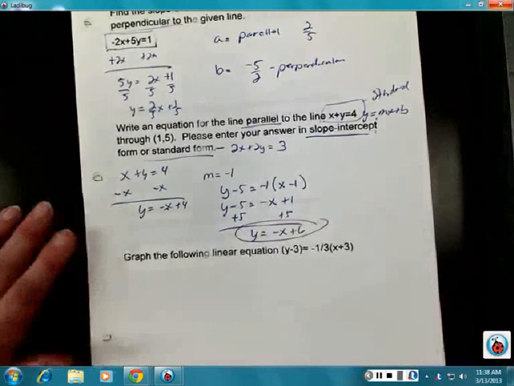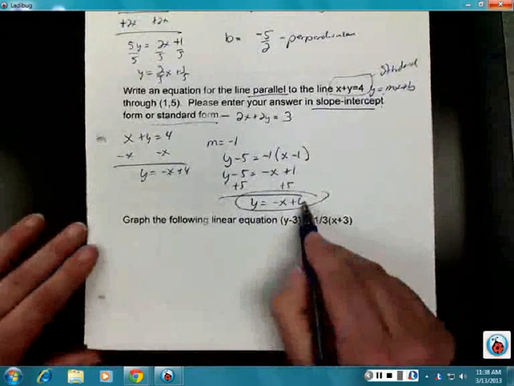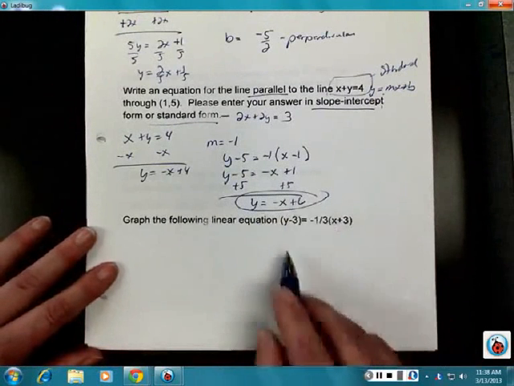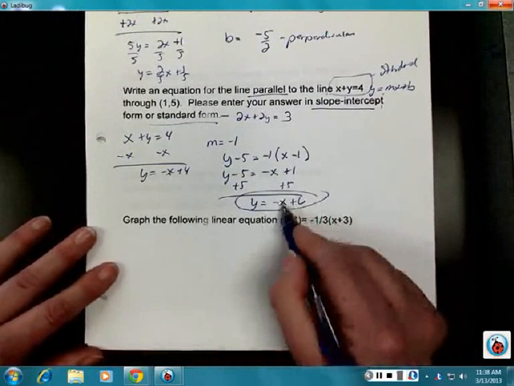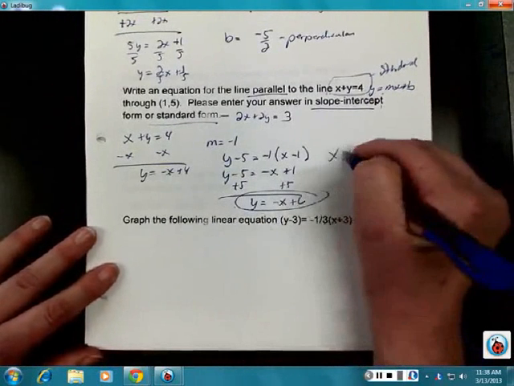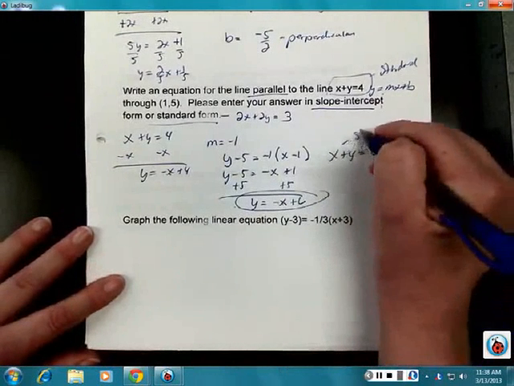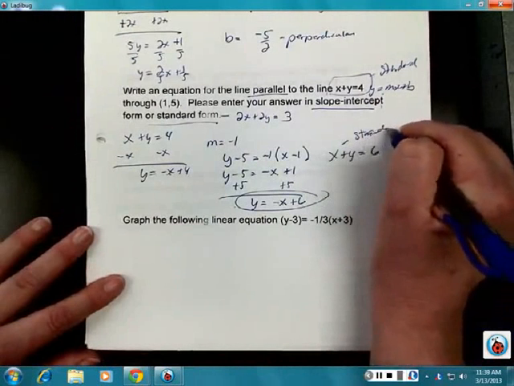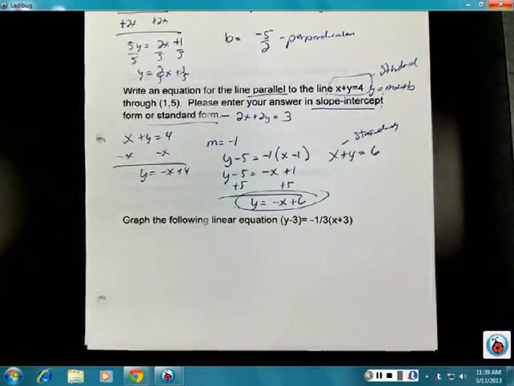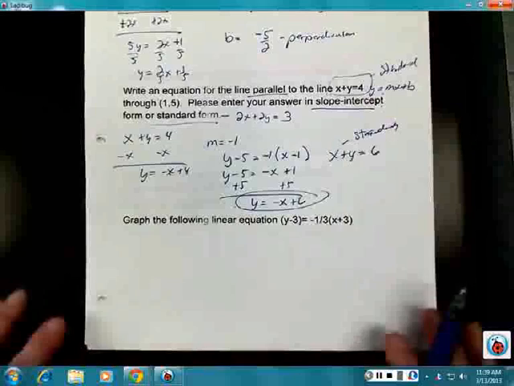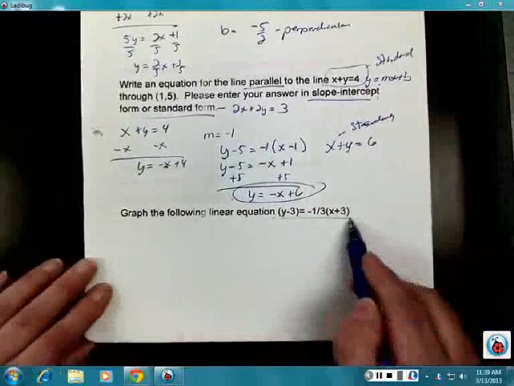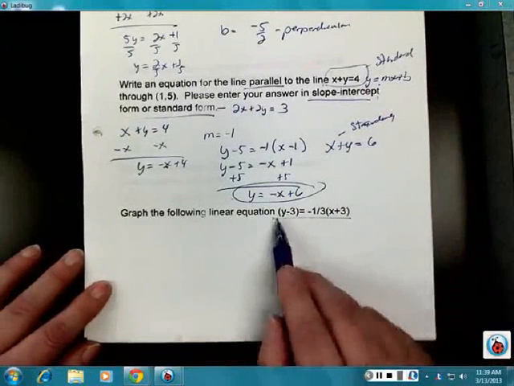This is in slope-intercept. If you wanted it in standard, you'd have to move your x back over and have x plus y equals 6. This is standard. Then, this is like what we did in the previous section, because all it is is picking out your point.